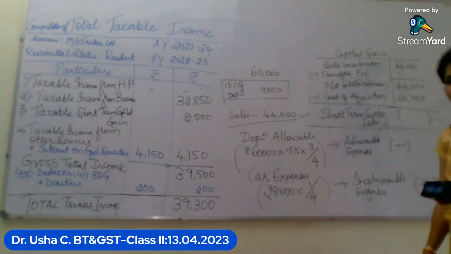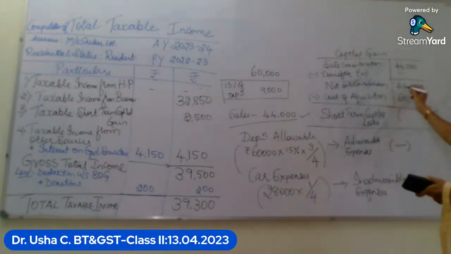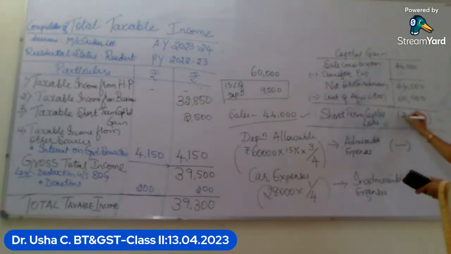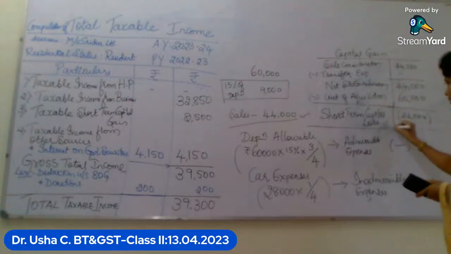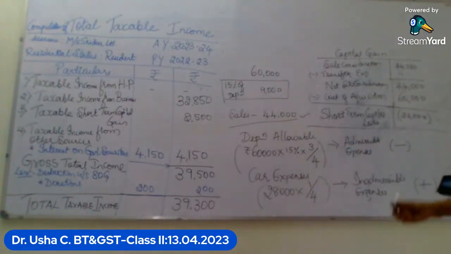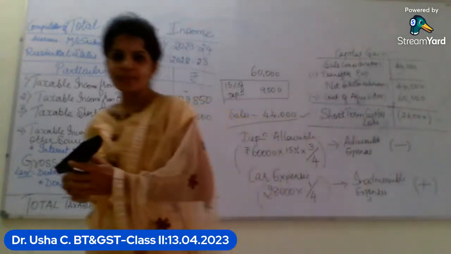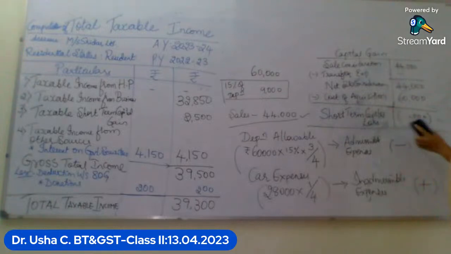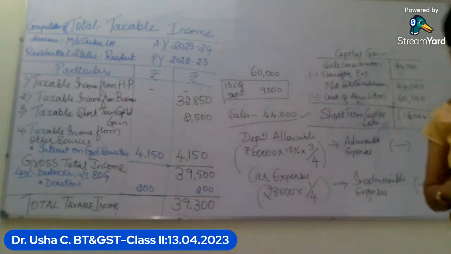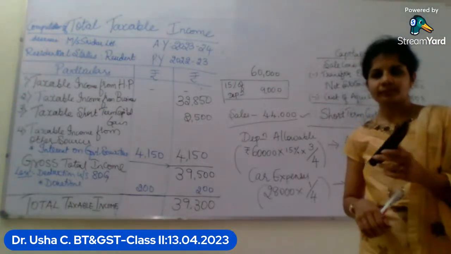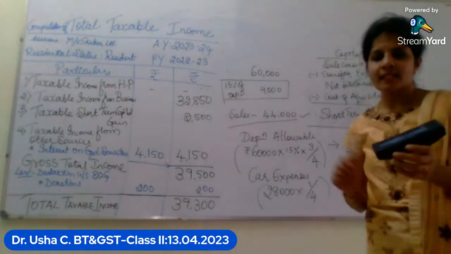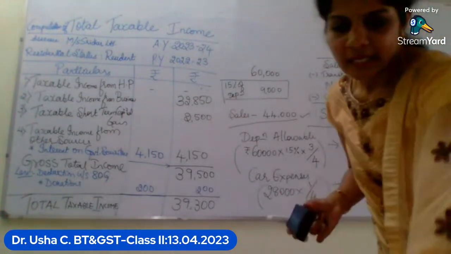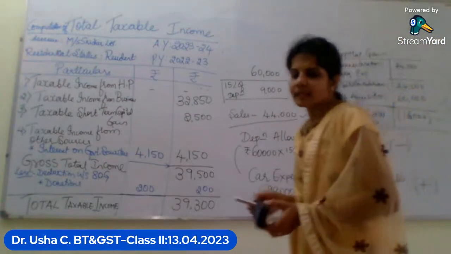What is the amount of short-term capital loss? 60,000 minus 44,000 is 26,000. Sorry, it is not 26, it is 16. 16,000 is a short-term capital loss. It is not income. We have to take it into consideration. Got it? This is about the capital gain relating to the car.